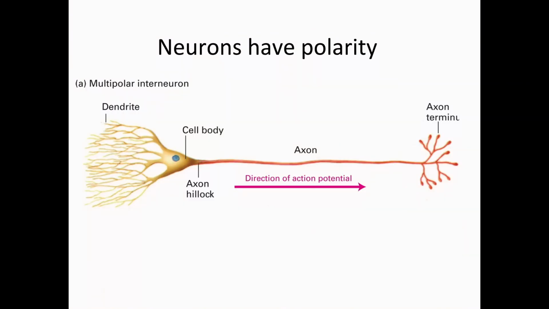Okay, so this is going to involve a particular type of cell in our body, which is the neuron. And neurons are highly specialized cells that have a function to transmit information from one part of the body to another. Okay? And so neurons are highly polarized cells, which you can see here.